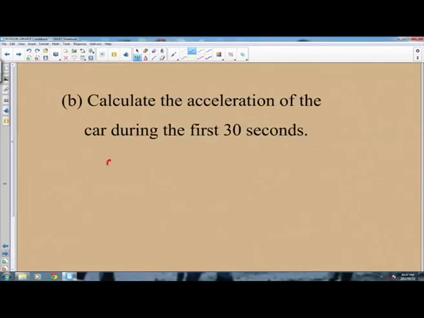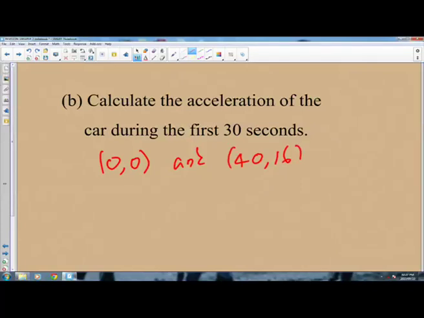So the points are 0, 0 and 40, not 140 but 40, 16. So these are the points that we are having.